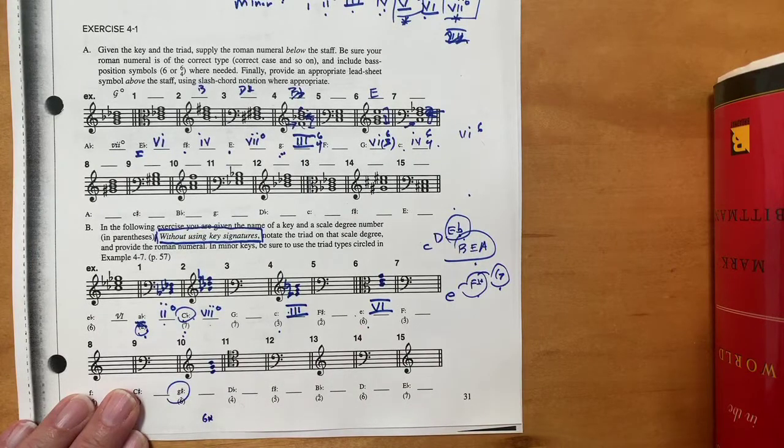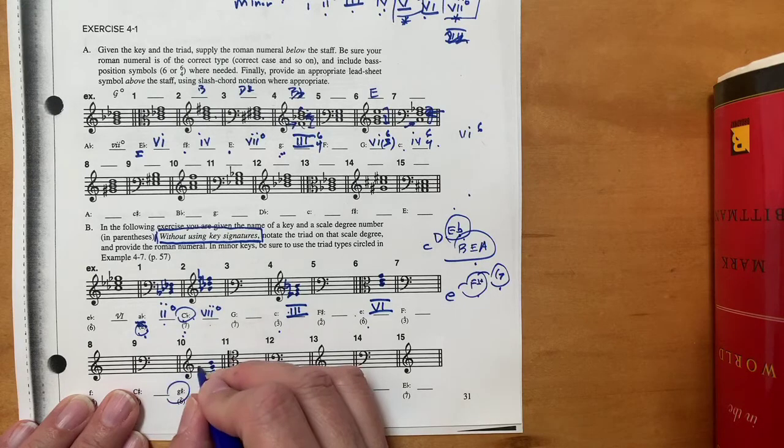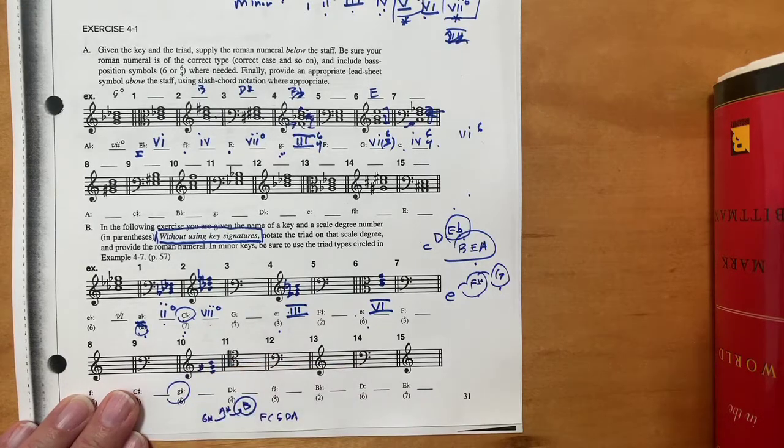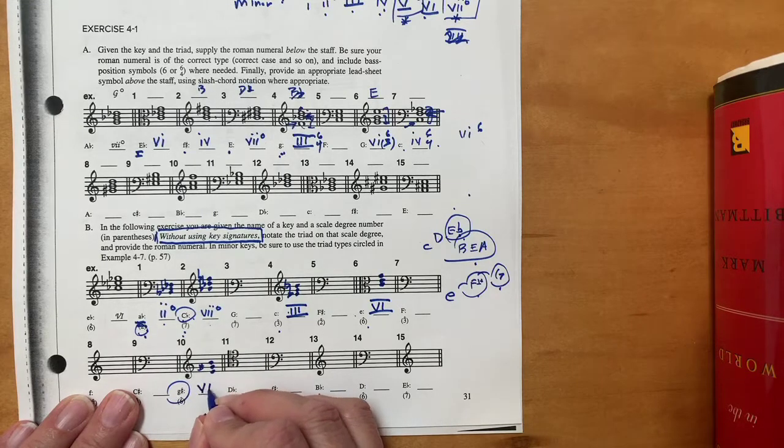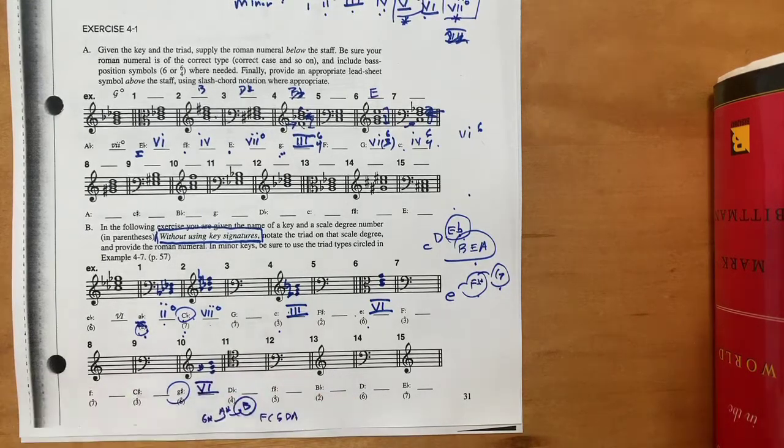We need to get to the major key to get the key signature. We go up a whole step to A sharp, up a half step to B. We need the key signature of B major, which is F, C, G, D, A. We apply that key signature here, and we get a G sharp, and an E natural, and a B natural. And this is the major 6th chord in the key of G sharp minor.